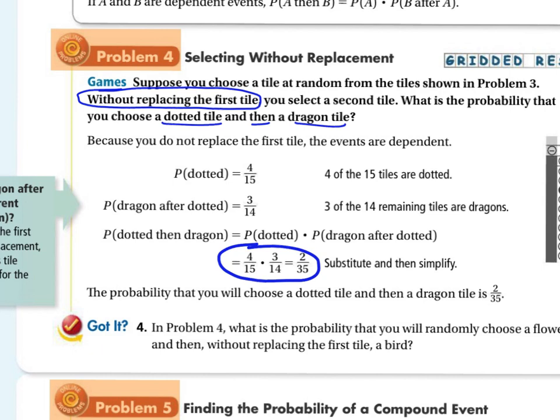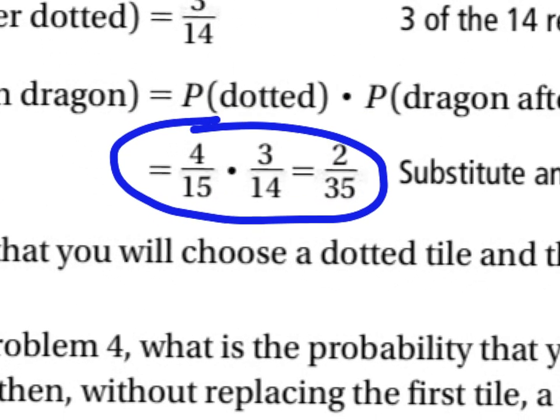If we don't put that back in, picking a dragon tile, there are still 3 dragon tiles, but now if we kept that dotted tile out, we actually only have 14 tiles still altogether. So for that then, we multiply those together, and we could see that would be a 2 out of 35 chance of that happening.